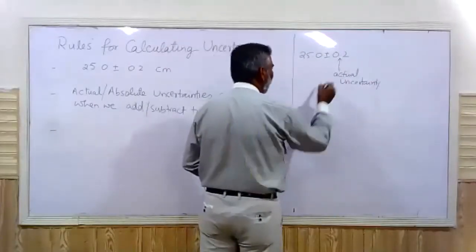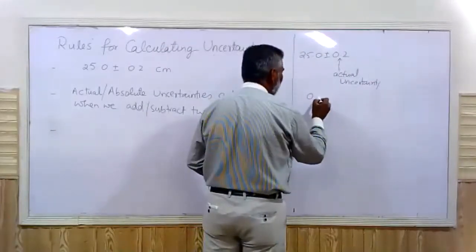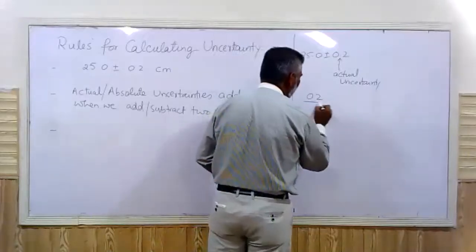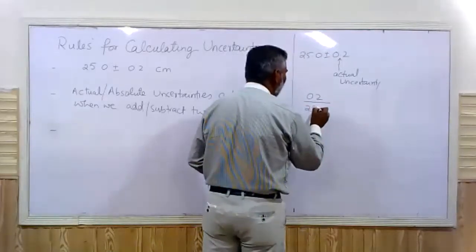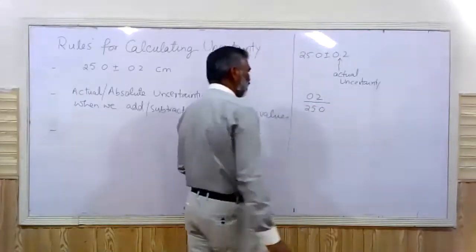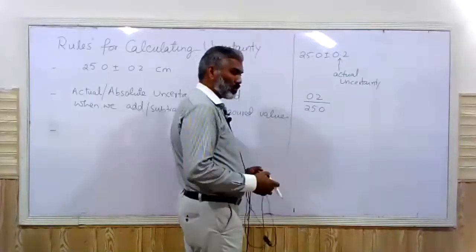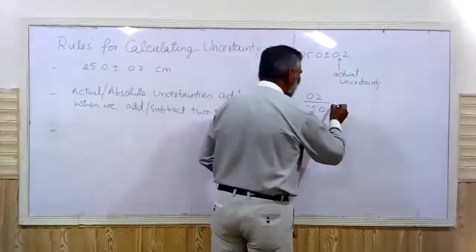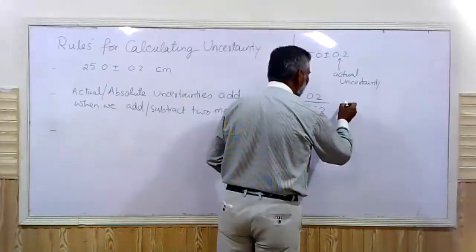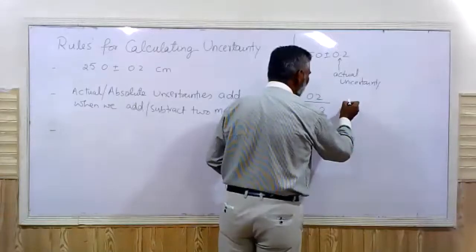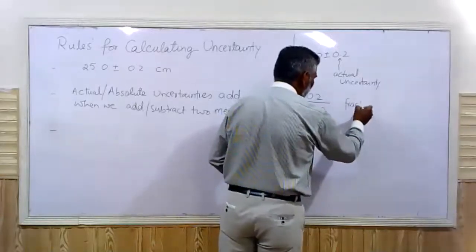If I divide actual uncertainty 0.2 divided by the measured value 25.0, of course both in the same units, the answer, whatever the number is, is known as fractional uncertainty.